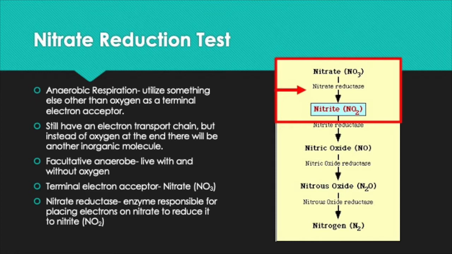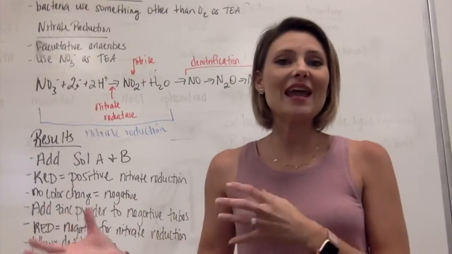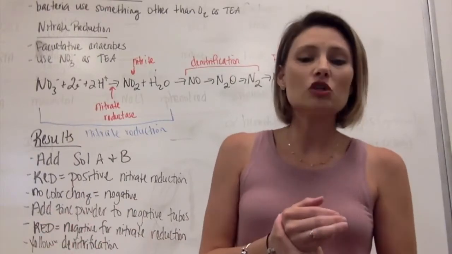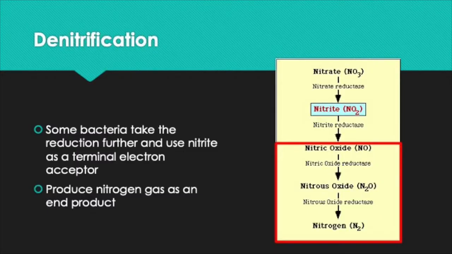Now, some bacteria can only do this. Some bacteria only have the enzyme nitrate reductase, so they're only going to be able to reduce nitrate to nitrite. However, there are some bacteria that can take it a step further and do what is called denitrification.